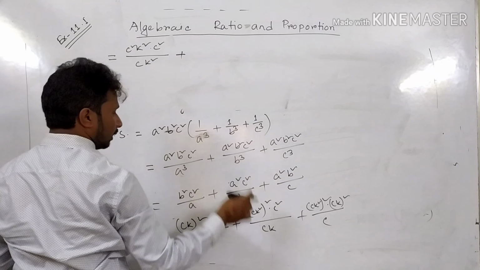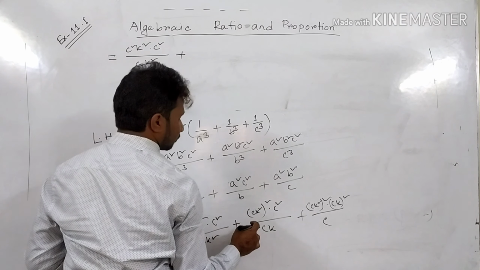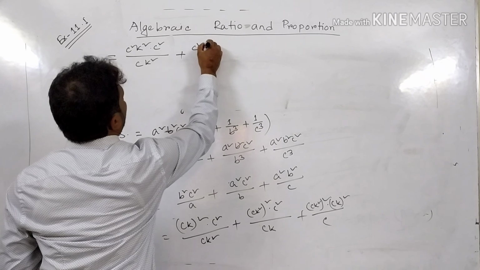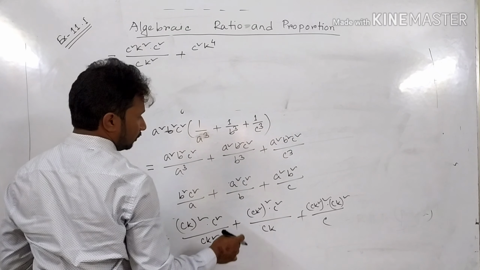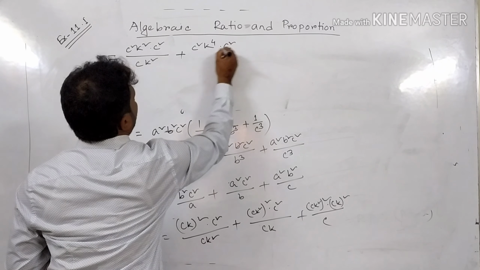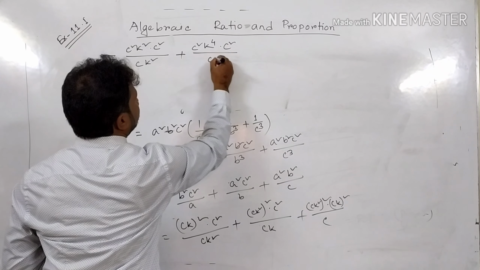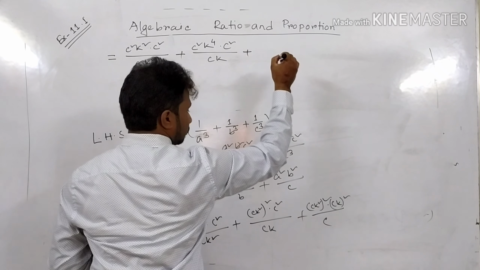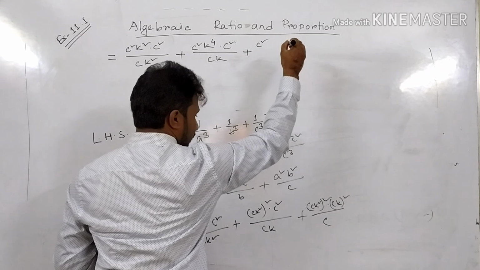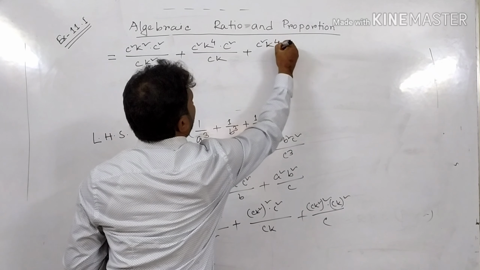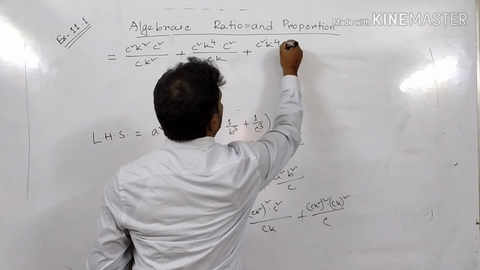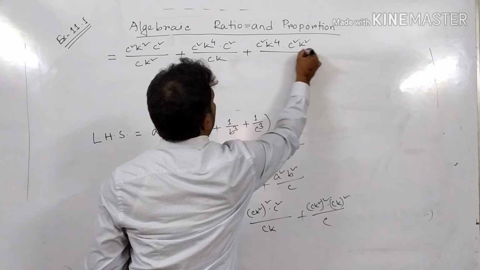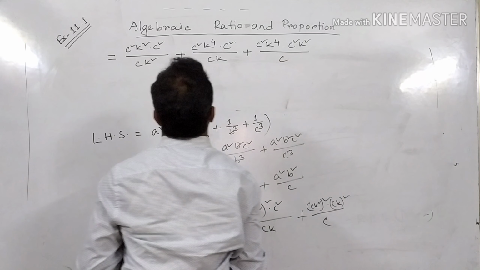Now here you will get c square k to the power 4 into c square divided by ck, plus c square k to the power 4 into c square k square divided by c.